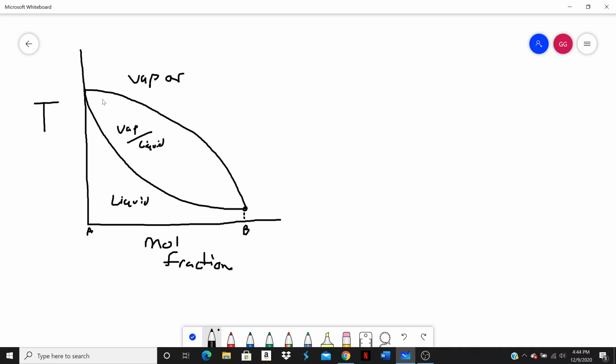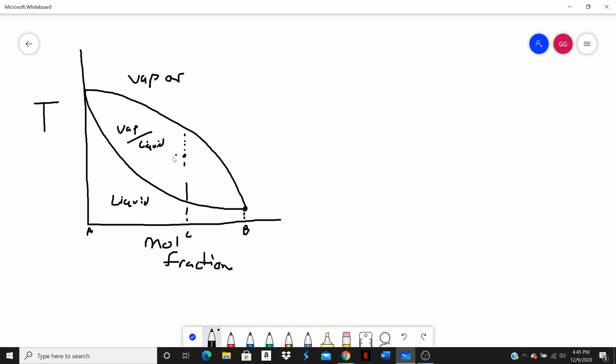Now, if we wanted to find the ratio of vapor to liquid at any point C in this space, just for demonstration, I'm going to pick a point in here. Let me make that a little bigger.